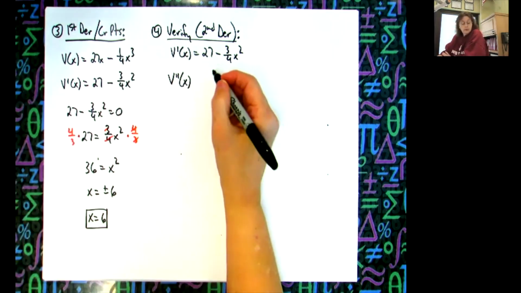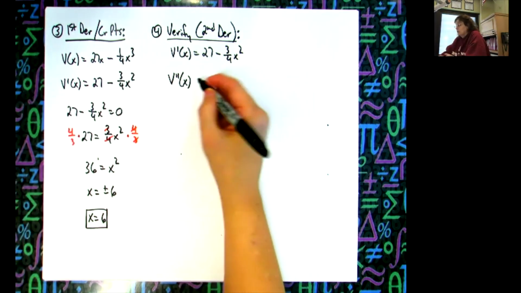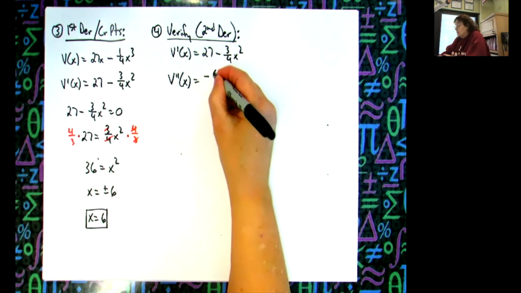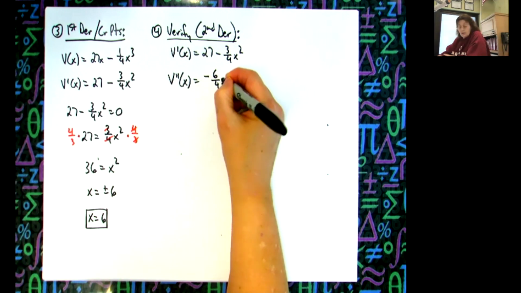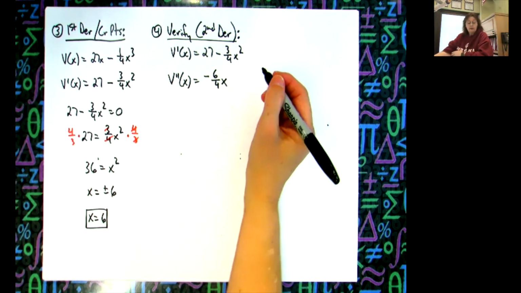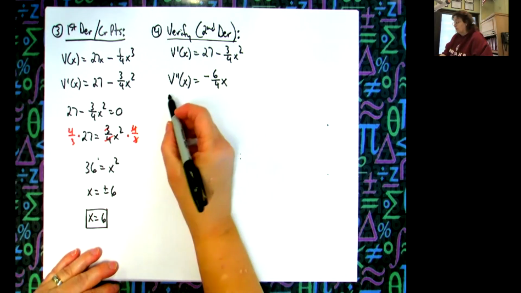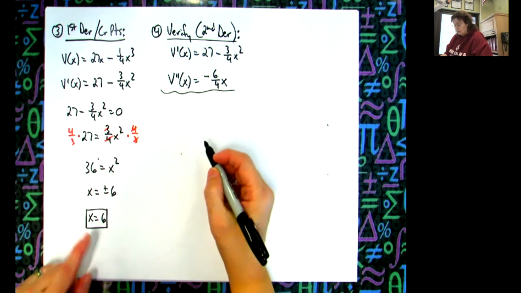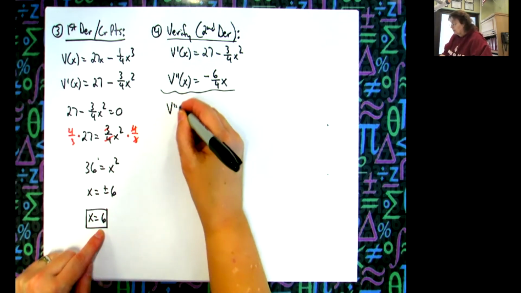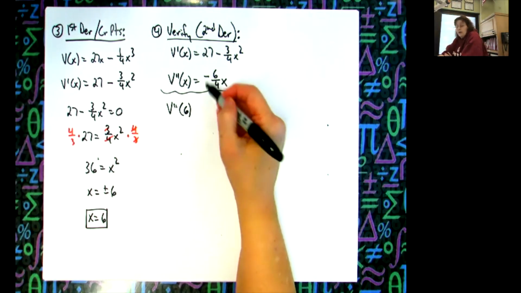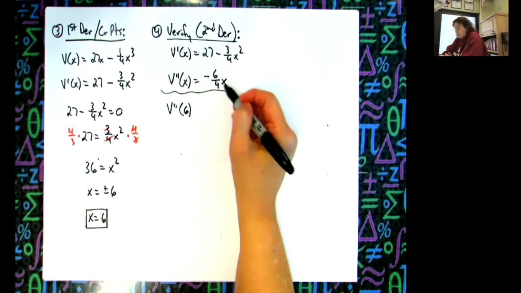Okay, second derivative. I take the derivative of that 27, it goes away. I take the derivative here, and I'm going to have a negative 6/4 x. At this point, I'm going to want to plug in my 6. So second derivative at 6: I'm going to take a negative 6/4 times a positive.